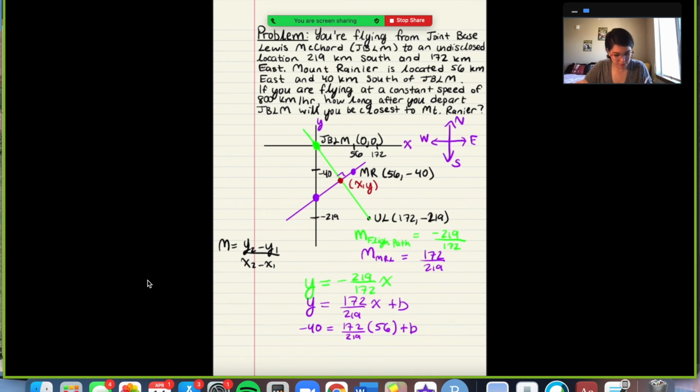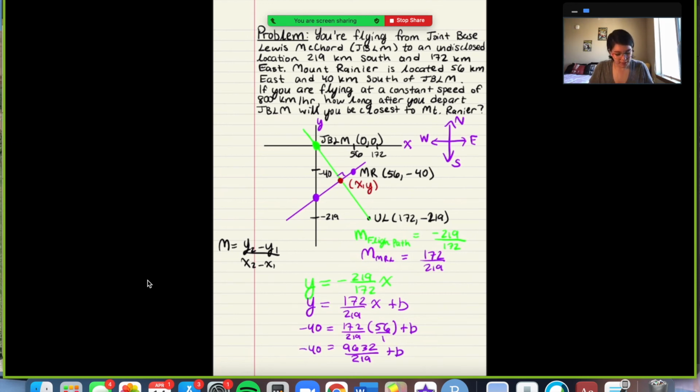So if we were to solve for b, we would remember that 56 is technically 56 over 1. So we'll multiply across the top, 172 times 56. And that gives us 9,632. And then we also have 219 times 1. And anything times 1 is just itself. So 219 plus b, negative 40.